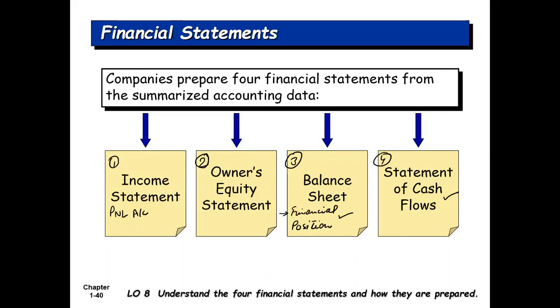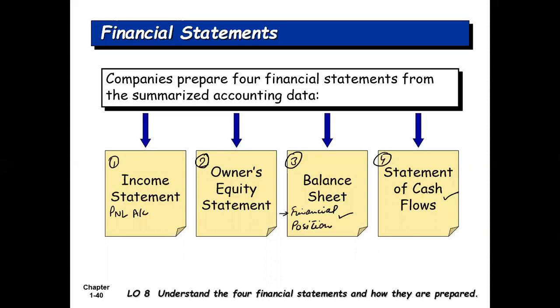Now, why do they have different names, and is there a different way of preparing these statements? Well, there can be minute differences in preparing these statements, but overall the format is similar. Sometimes you will find a vertical format for the balance sheet, and sometimes it's divided into two parts that are in front of each other.